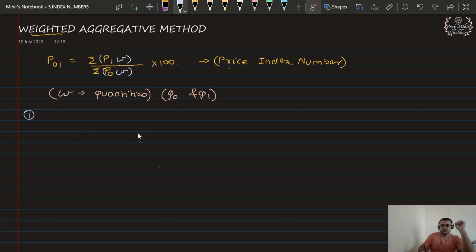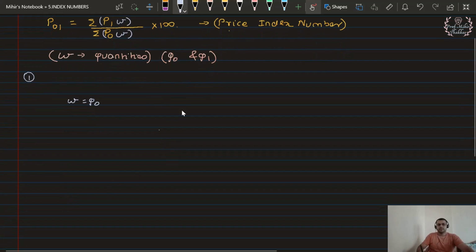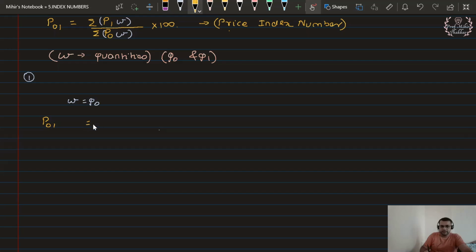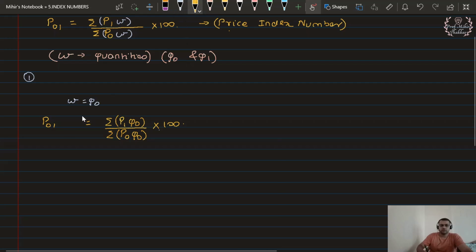Now the first one, if I assume that the weight is the base year quantity, then in such a case the formula for P01 will be equal to summation of P1 into Q0 divided by summation of P0 into Q0 and multiplied by 100. This was the formula which was developed by a statistician whose name was Laspeyres.